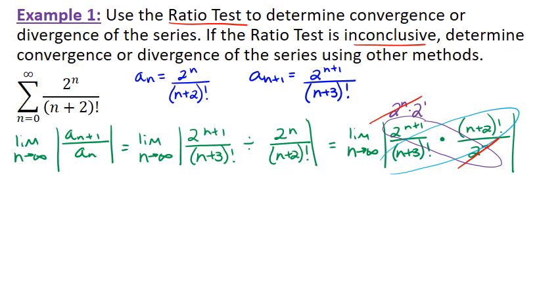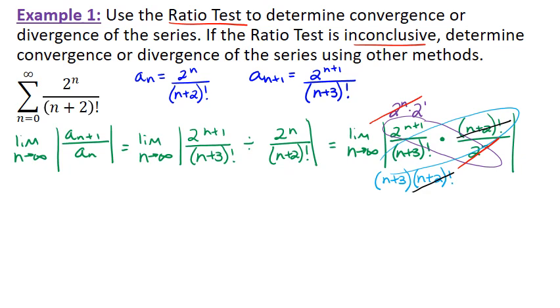Now let's do the same type of thing here. Remember that this n plus 3 factorial can be written as n plus 3 times n plus 2 factorial. Well, if I'm cross-simplifying, the n plus 2 factorials cancel, and I'm left with n plus 3.